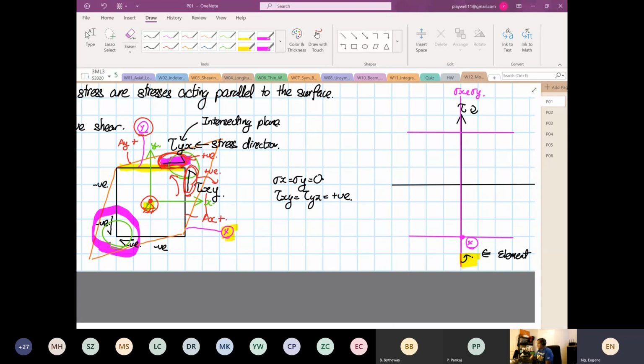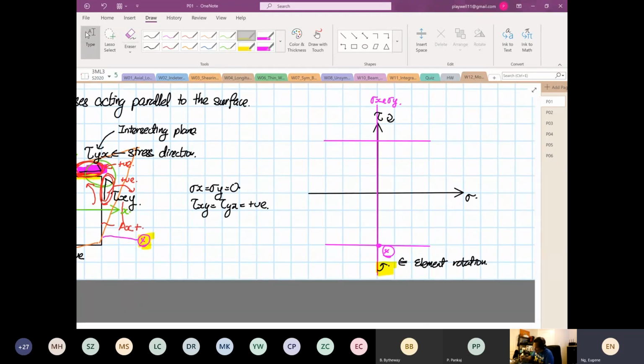The element will rotate in a clockwise direction. Based on the element rotation in terms of shear, clockwise is that. So this is your point Y. From here, you can construct your Mohr's circle.